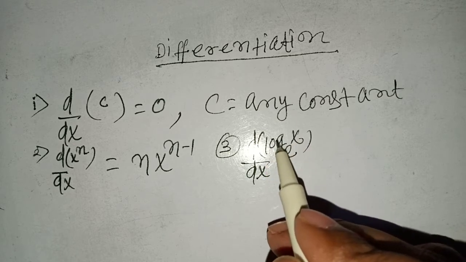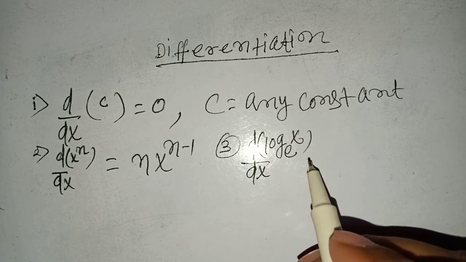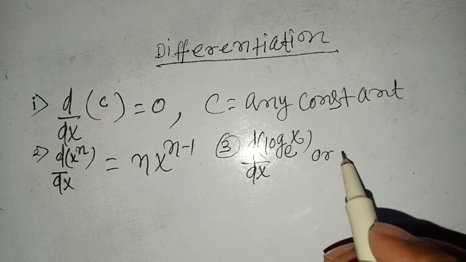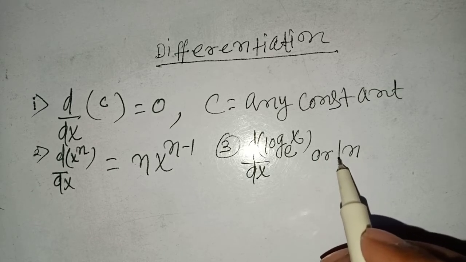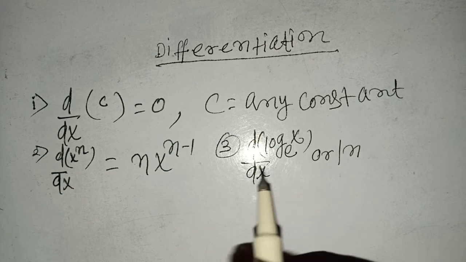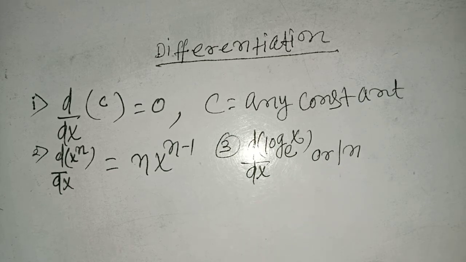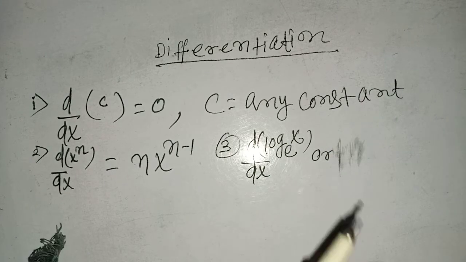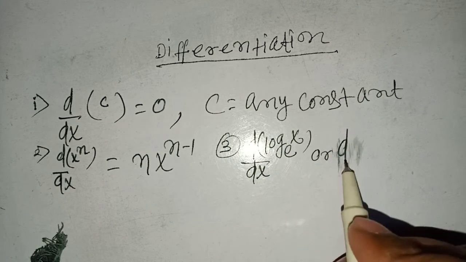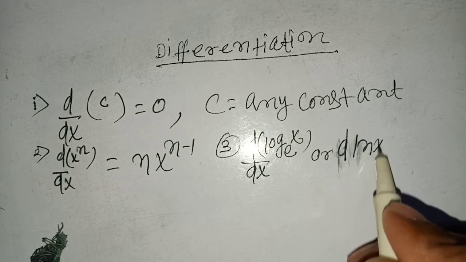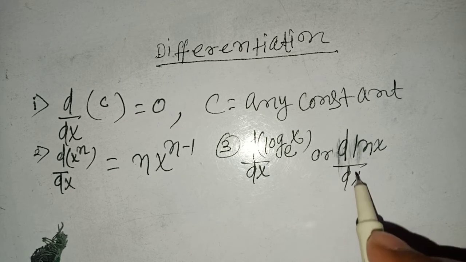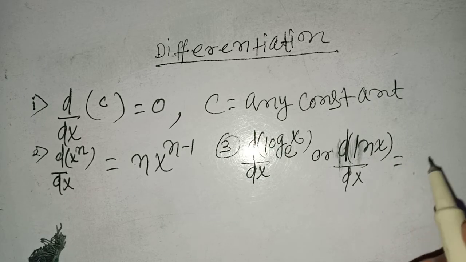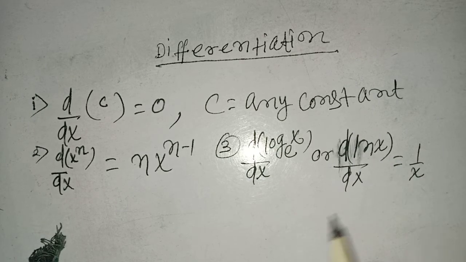This log can also be written as ln x. d ln x by dx is equal to 1 by x.